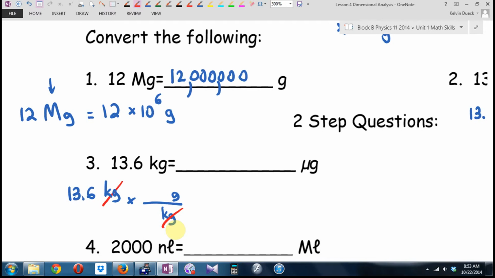Don't panic yet. Kilo on your chart, what's that the same as? 10 to the what? What I'm going to do is put the 10 to the 3 next to the base unit, and the 1 goes down there, although the 1 is optional. You can just leave it blank. What I'm saying is 1 kilogram is 10 to the 3 grams. That's called a conversion factor.